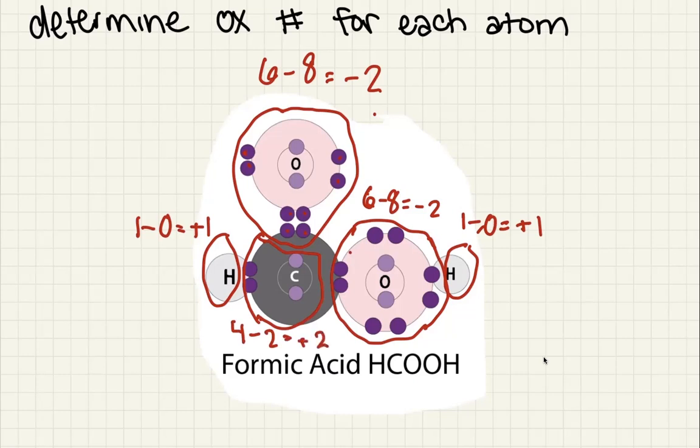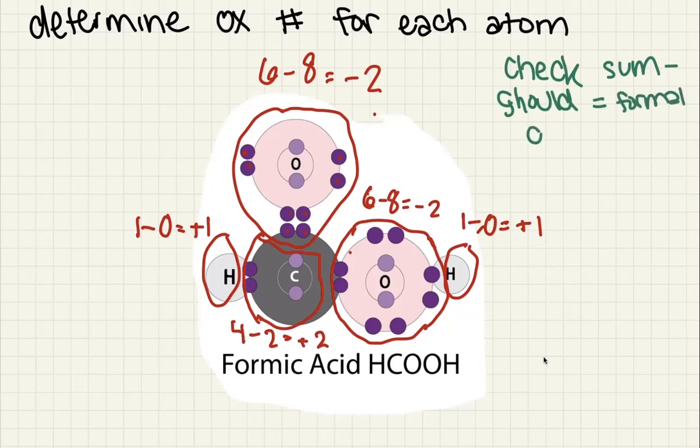And now we need to check our work because remember, we want to make sure that the charges add up to 0 because we have a neutral molecule. So check the sum. It should equal the formal charge, and in this case, we want that to be 0. So we have our +1, our -2, our -2, our +1, and our +2.